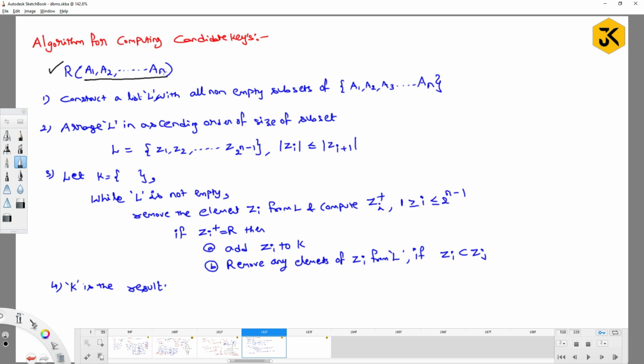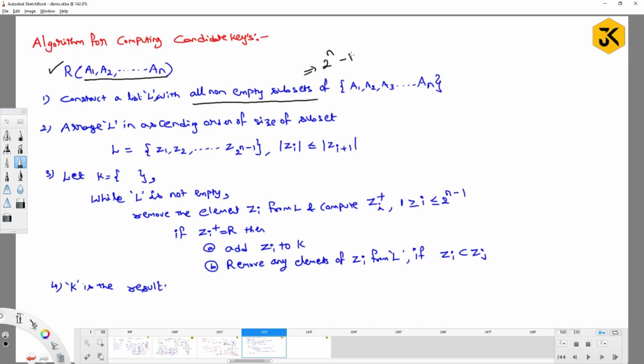From those columns of the relation we find all non-empty subsets. How many non-empty sets are possible? 2 power n minus 1, meaning that we are simply eliminating one empty set, that is phi, right? We find the total non-empty subsets, which are finite, right?